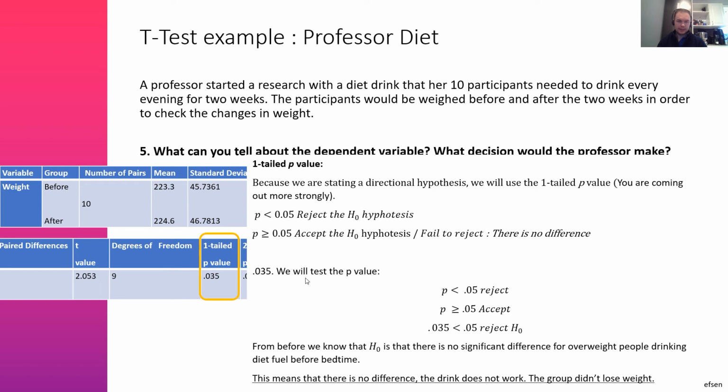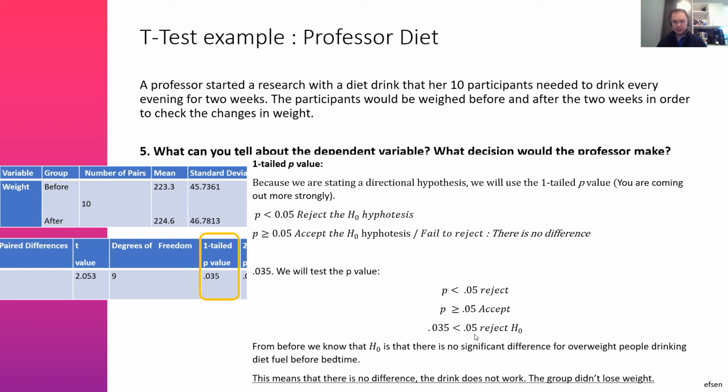And so we will test the p-value. If p is less than 0.05, we will reject. If p is greater than or equal to 0.05, we will accept. So instead of p, we put the number here, 0.035, less than 0.05, reject H0.